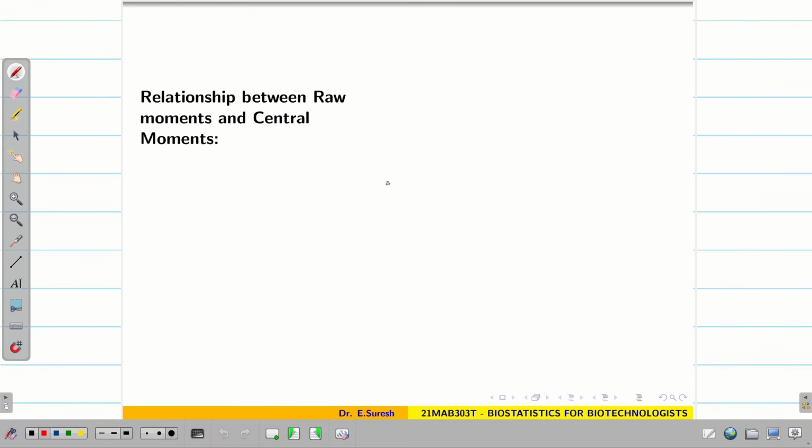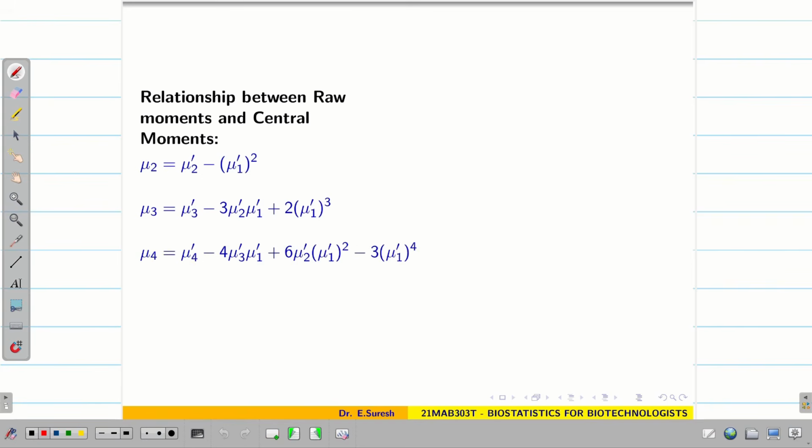Now it is very important to learn the relationship between the central moments and raw moments. Mu2 is equal to mu2 dash minus mu1 dash whole square. Similarly, mu3 is equal to mu3 dash minus 3 mu2 dash mu1 dash plus 2 into mu1 dash whole cube. Similarly, mu4.